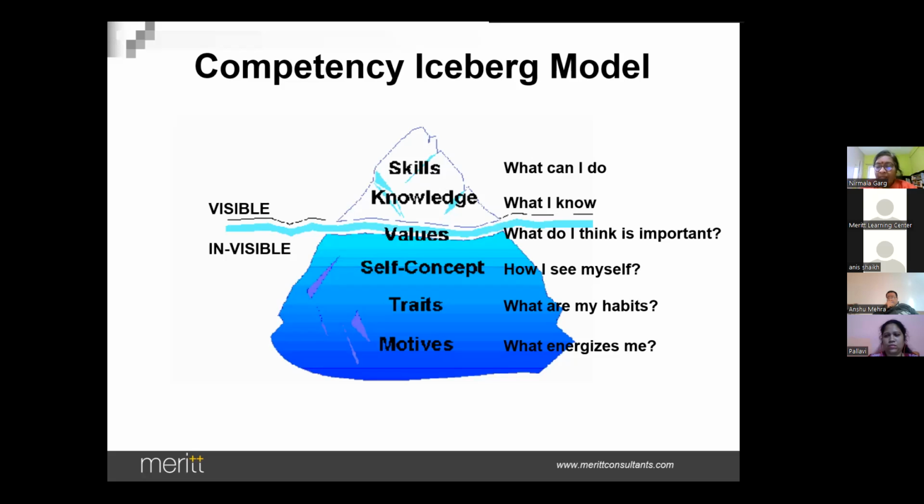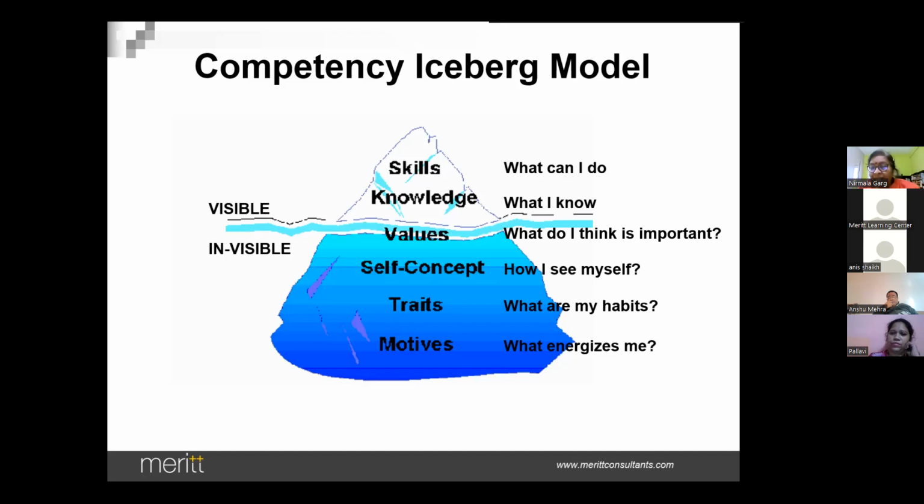Now, having said that, I don't want to get into too much of theory, guys. Why I wanted to take a little more time here is to say how important it becomes to understand that when I say competency, it is not skill. It is just not knowledge. It is just not a motive, but a combination of everything.